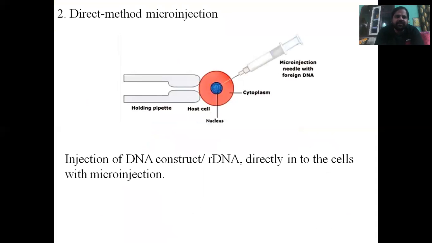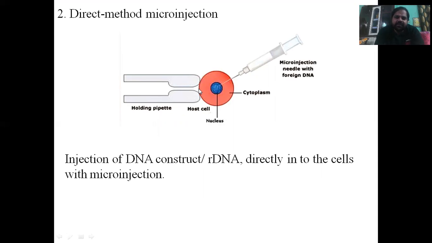The second method is the direct method, or microinjection. Now we can see this is the cell and we are putting the recombinant DNA in by an injection. This is a special kind of injection which is called microinjection. Generally it comes with an instrument which is called a micromanipulator.